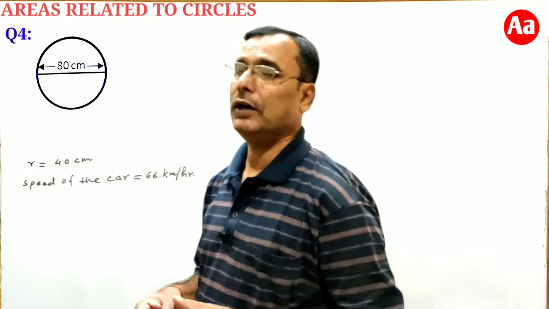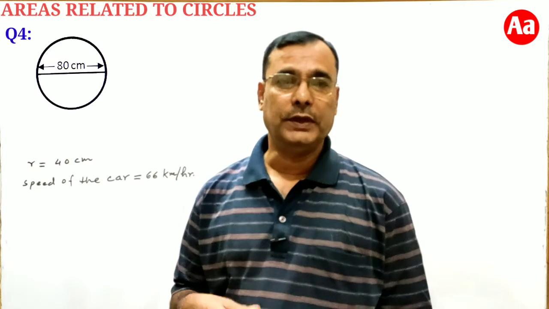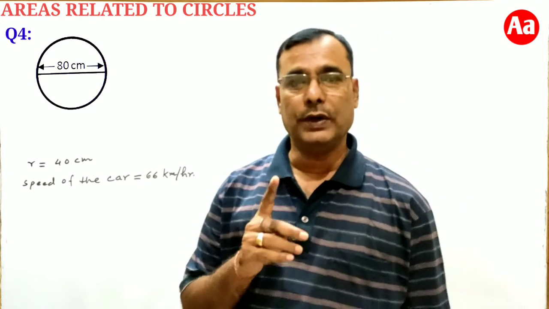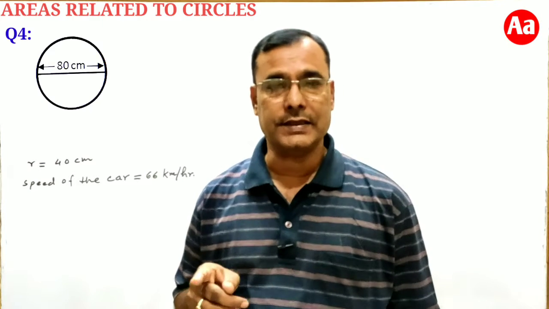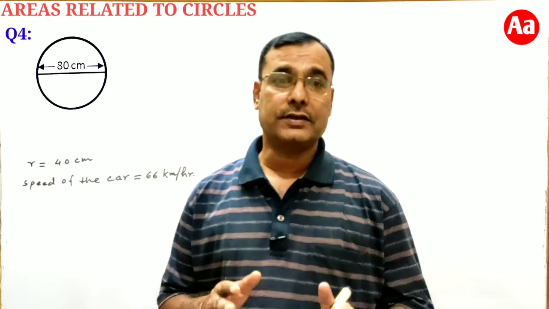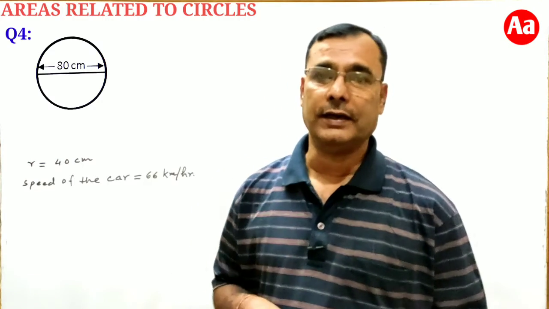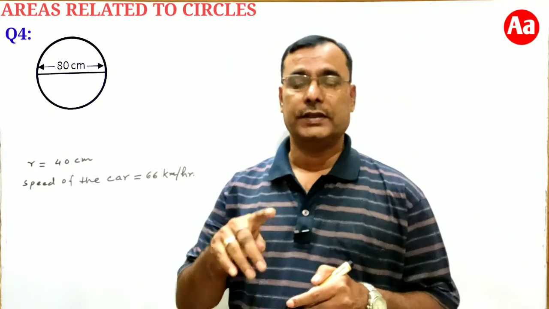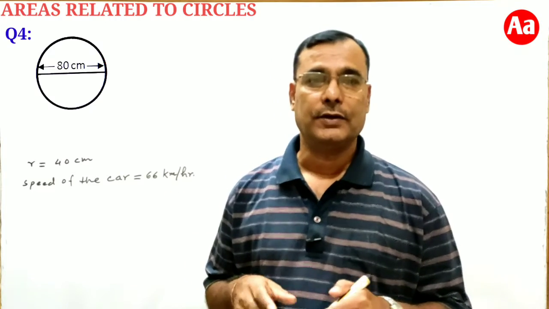We have to find how many complete revolutions each wheel of the car will make in 10 minutes. So first let us find in one complete revolution how much distance each wheel of the car will cover. So distance covered in one complete revolution by each wheel of the car we are going to find out, and that will be equal to circumference or perimeter of the wheel whose radius is 40 centimeter.